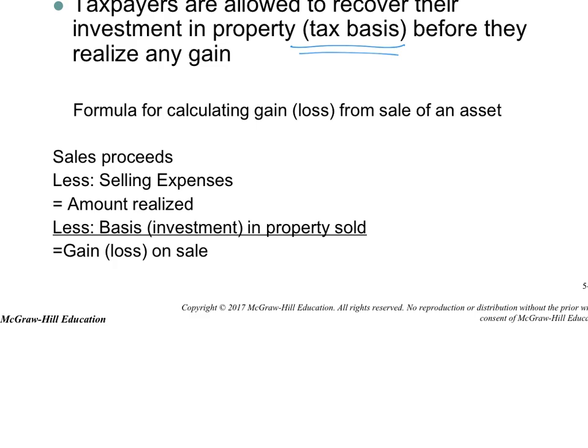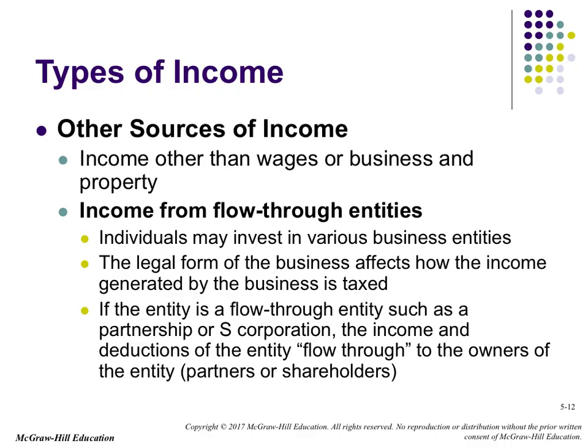What you receive, minus your selling expenses, that's your amount realized, minus your basis, which is your investment in the property, and that's going to give you your gain or loss, okay? So there's nothing magical there, right? It's just a matter of remembering that your return on investment is not taxable, okay?